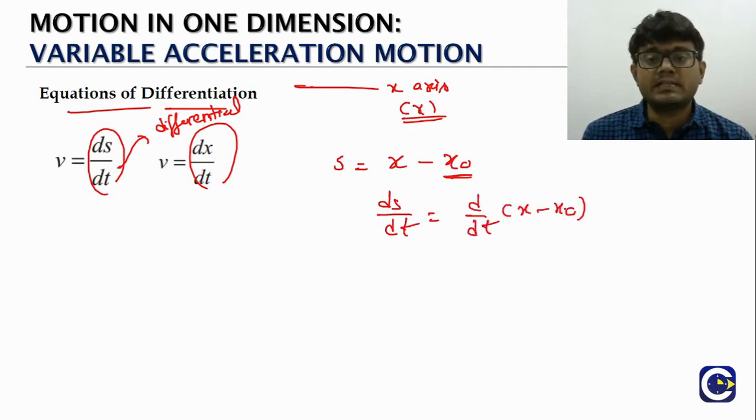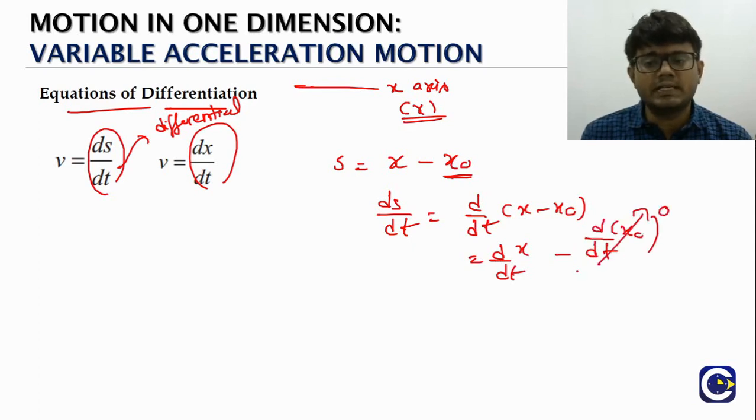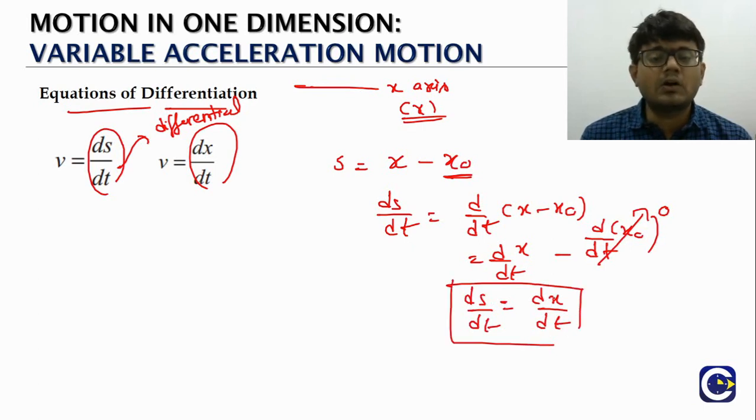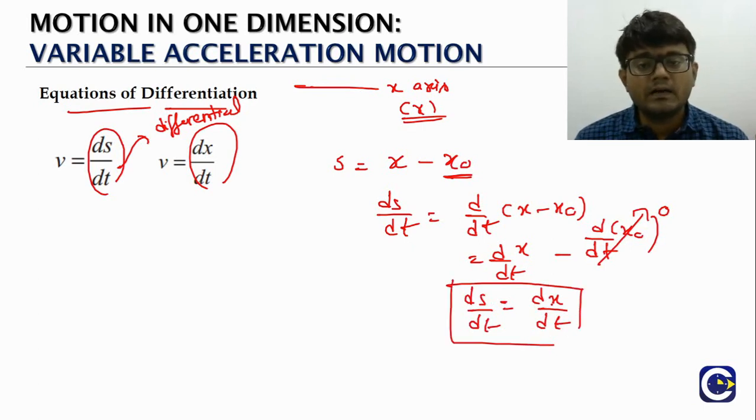Here x naught is a constant, so derivative of x minus derivative of x naught. Derivative of x naught is anyway 0, that is a constant. So we'll have dx by dt. So whether we talk about the rate of change of displacement or the rate of change of position in terms of the x coordinate, both will give us the same result.